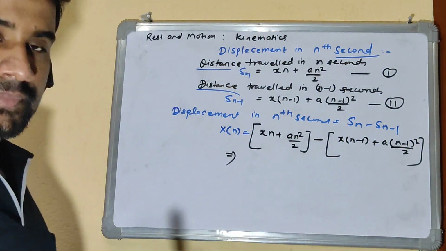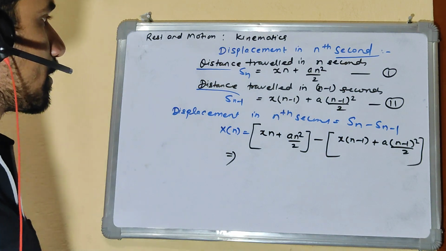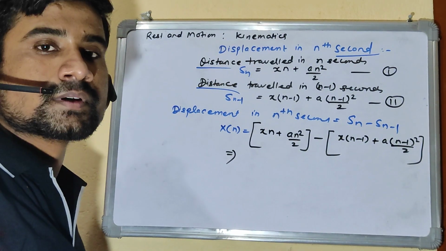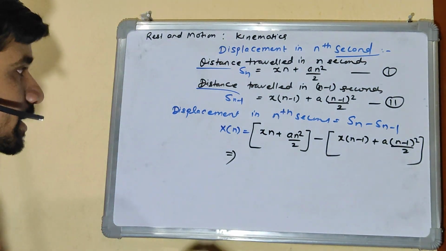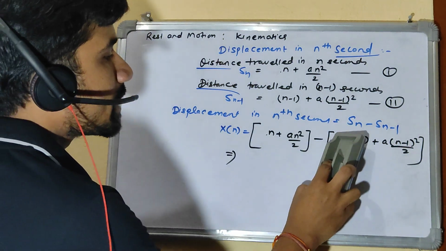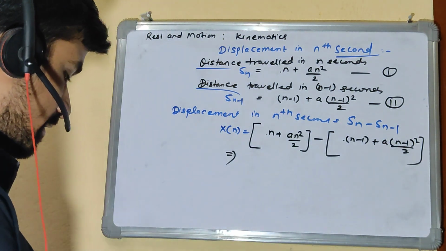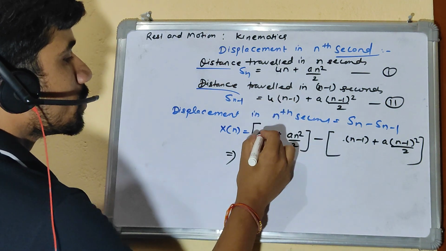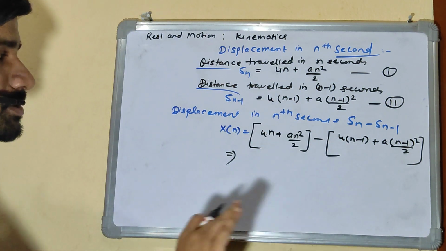Clear? Right, this is not x, this is u everywhere, s equal to ut plus half at square and not x. So this becomes u, u, u. Can we solve this now?